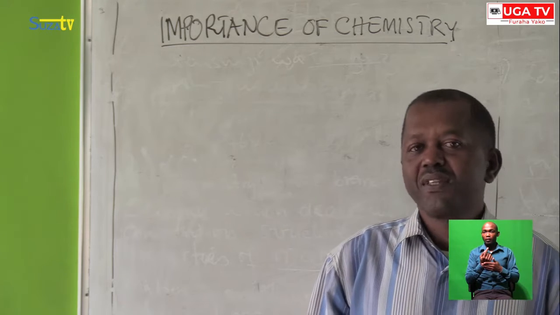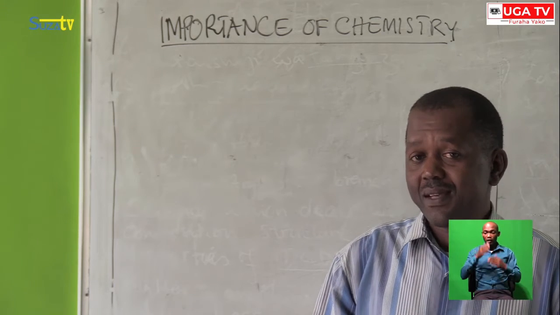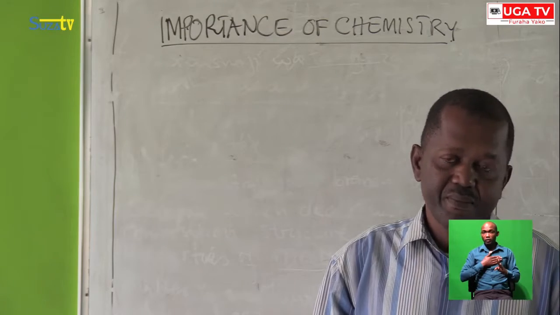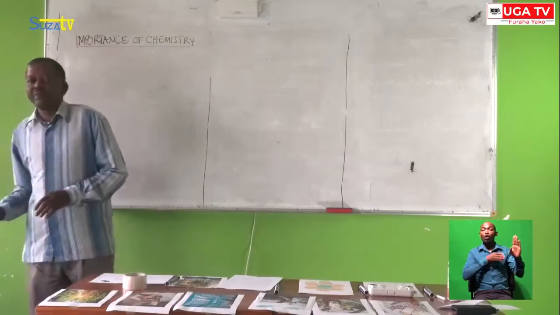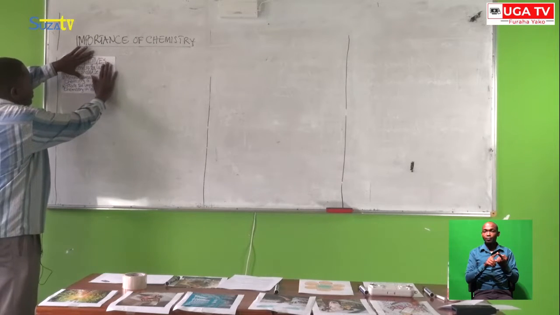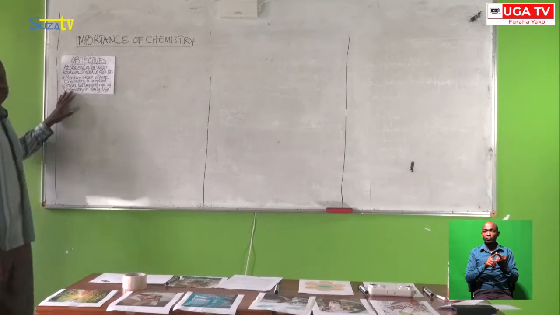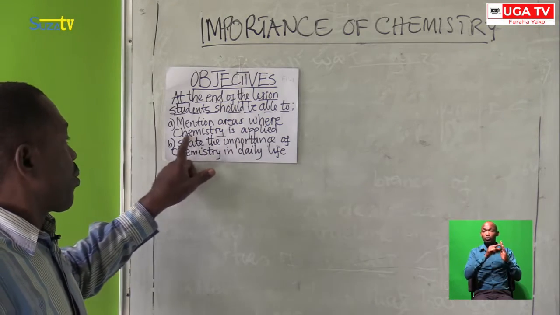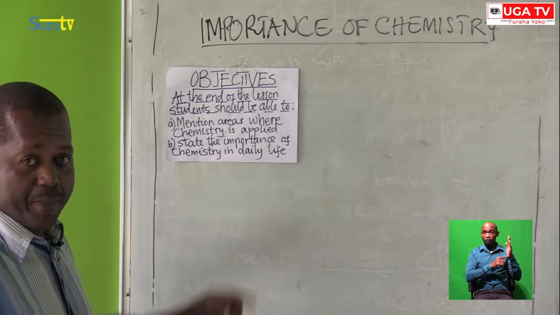By the end of this lesson, as our objectives, we are going to have two objectives. The first objective is that you are going to mention areas where chemistry is applied.